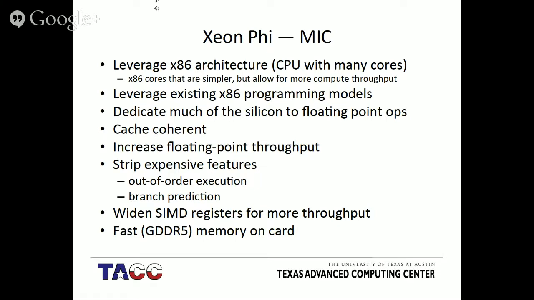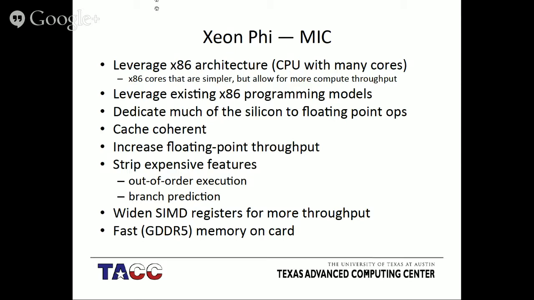As I said, they dedicate as much of the silicon to floating point operations. Our devices have 61 cores, so there's a lot of cores on this chip. But nevertheless, Intel was able to maintain the cache coherency protocol.